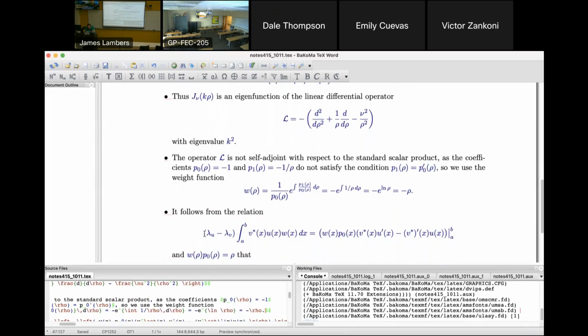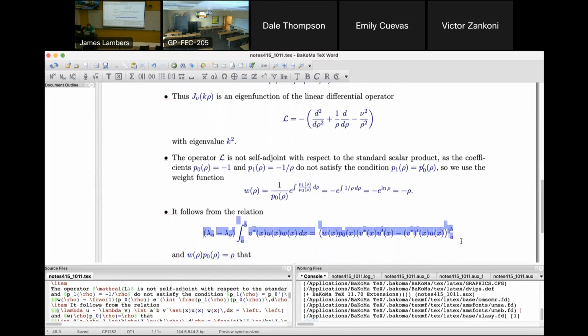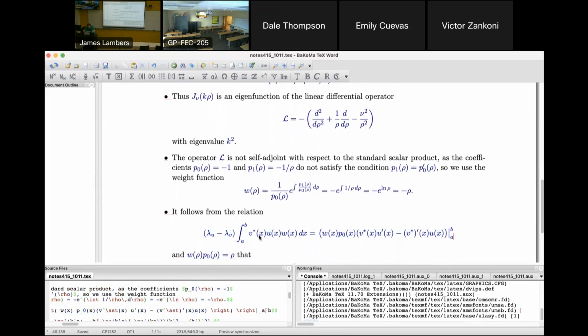Now, this is something I've established in a previous section. This statement is very general: u is an eigenfunction of some linear differential operator, and so is v. The corresponding eigenvalues are lambda u and lambda v. And w of x is whatever weight function your operator needs to be made self-adjoint.